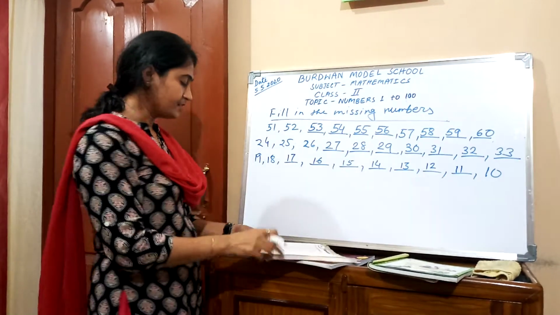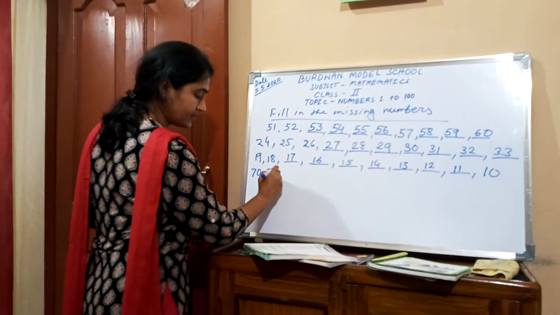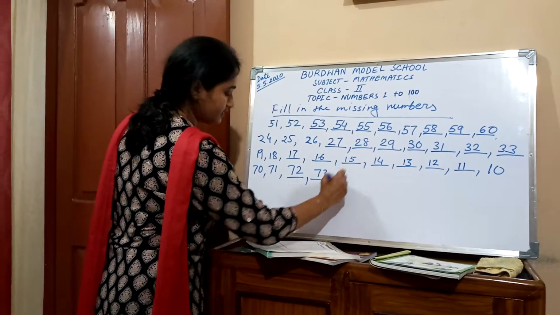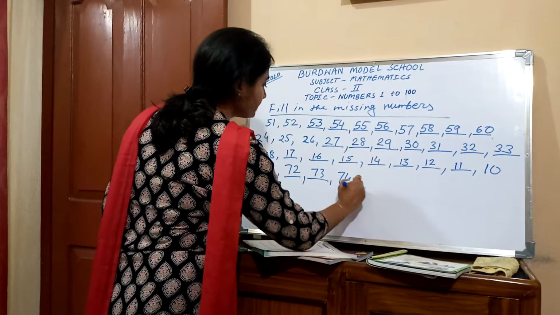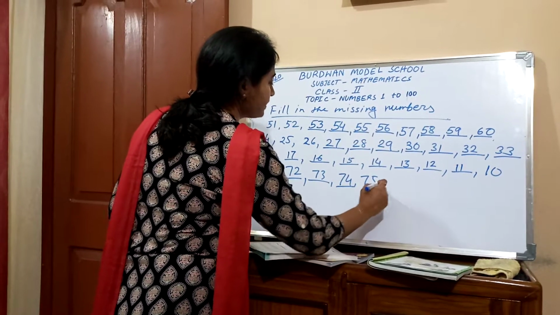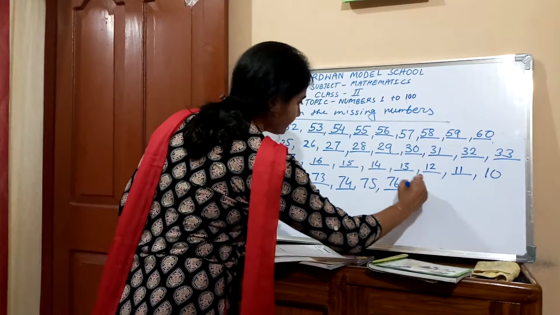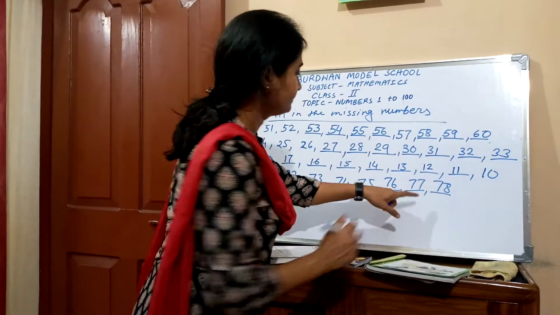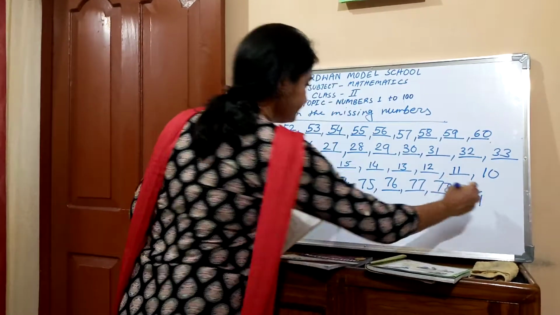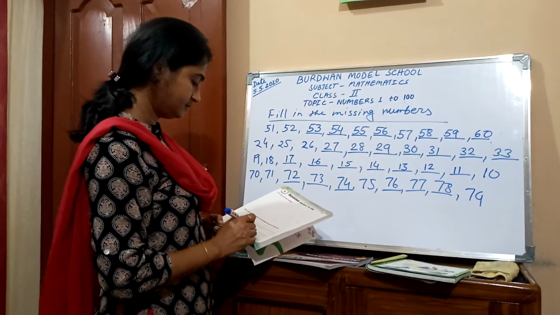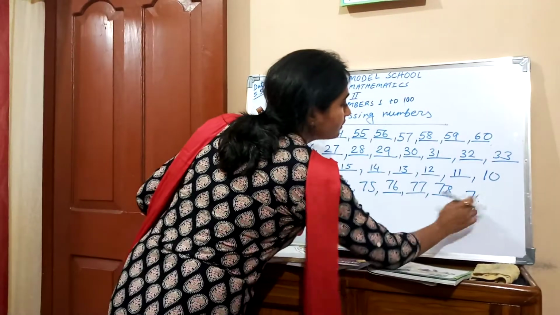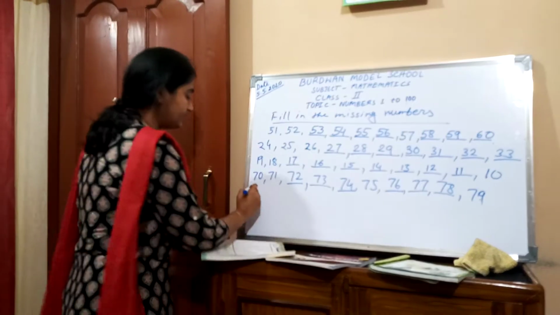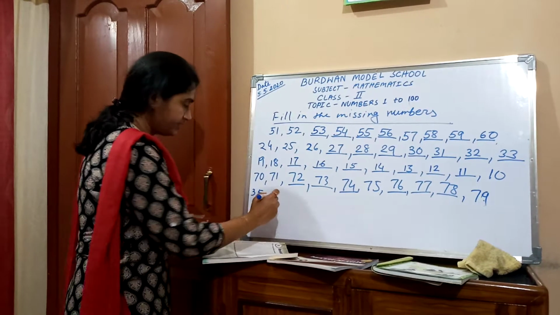10 is given. Now the next: 70, 71, 72, then 73, then 74, 75 is given, 76, 77, 78, 79. Now the next: 35, then 36.